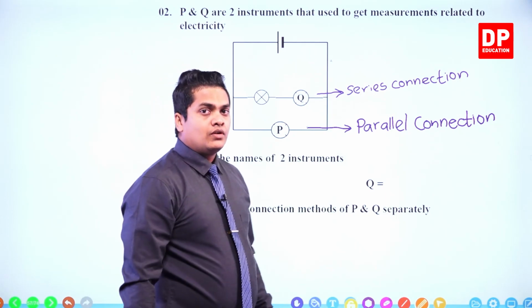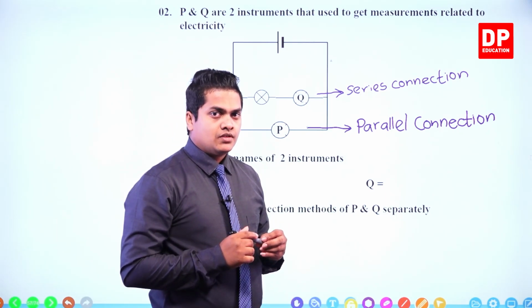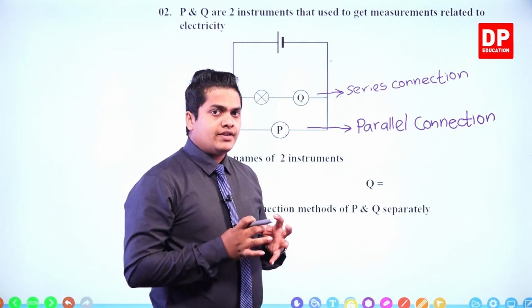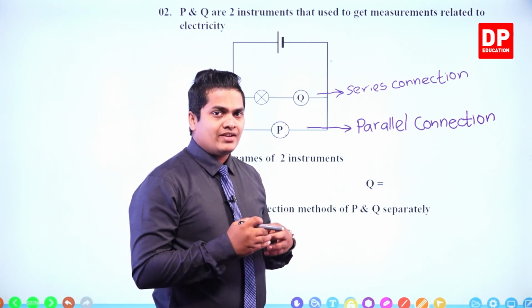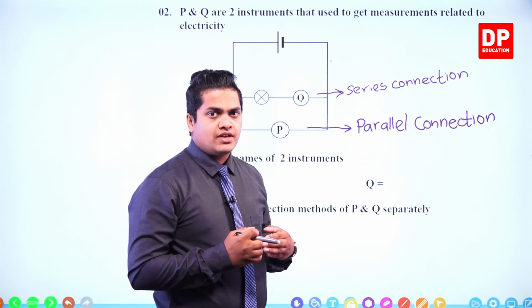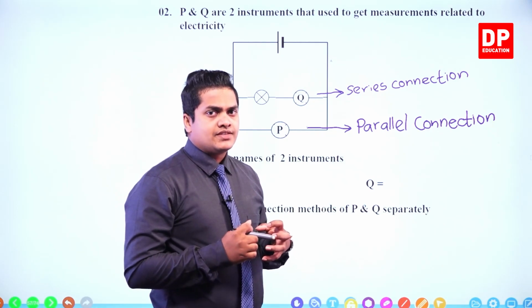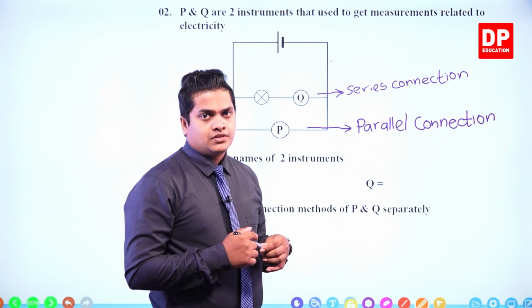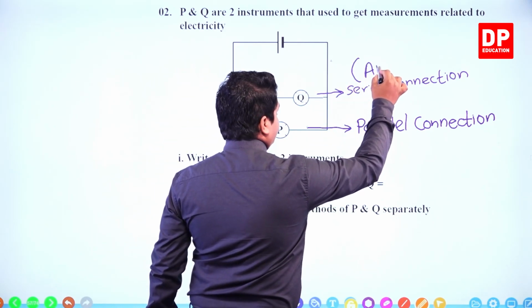Now we need to identify the two instruments. What is the instrument that we connect in series to a circuit to get measurements related to electricity? My dear children, it's the instrument that we use to measure the electric current. So definitely this should be an ammeter.